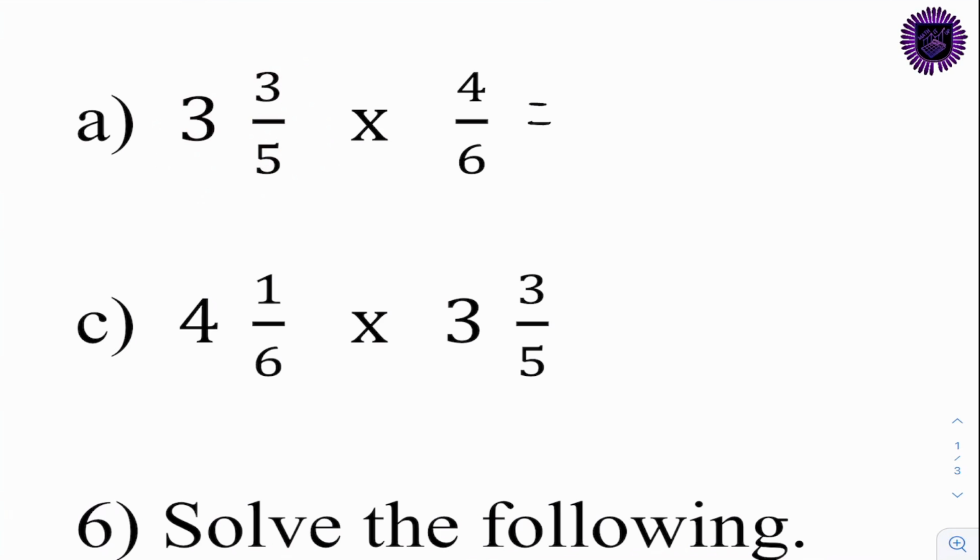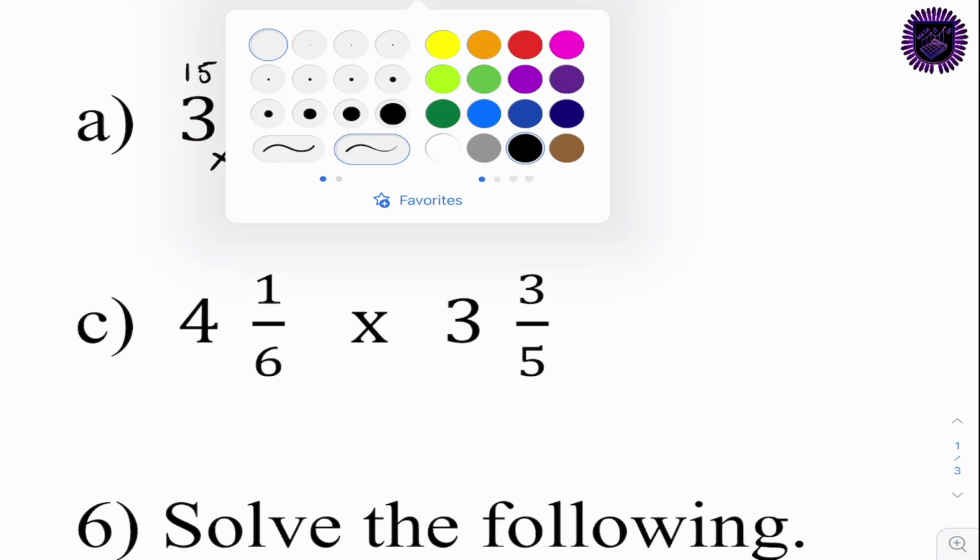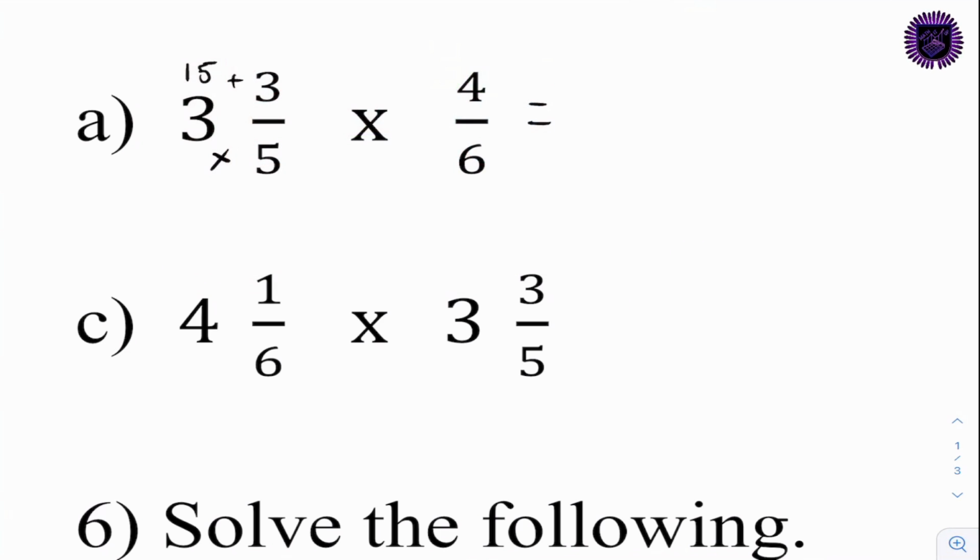So the improper fraction is going to be 5 times 3, which is 15. And we're going to add that 15 to the 3, which will make it 18.